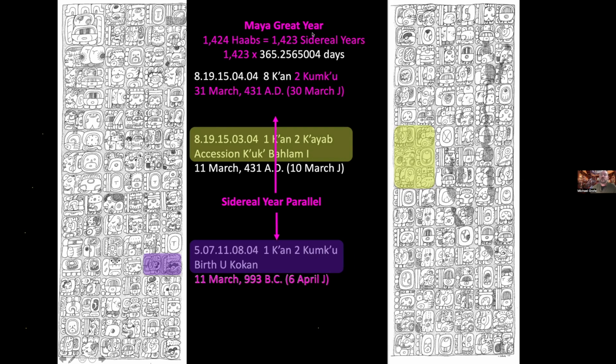In this case, I'm calling this the Maya great year, which is equivalent to the first time that the Haab returns to the same position, returns the sun to the same position of the Haab and the same position of the fixed stars. And that works out to 1,424 Haabs, which would be equivalent to 1,423 sidereal years, giving us a sidereal year value extremely close to what the current measurement is.